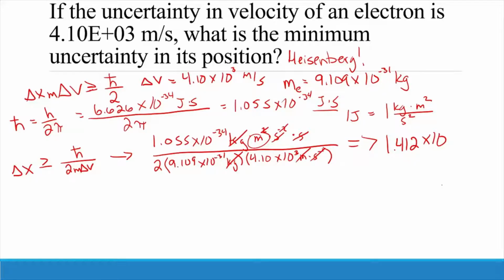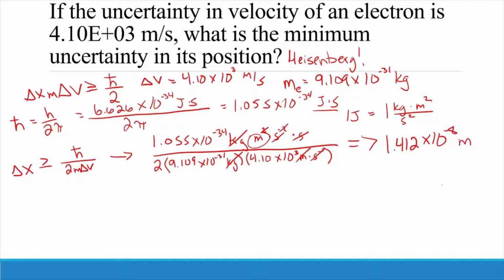Let me double check on my calculator. We have to change the units to nanometers. So 1.055 e to the negative 34 divided by 2 divided by 9.109 e to the negative 31 divided by 4.10 e to the 3rd. 10 to the negative 8th, I was right. 1.412 times 10 to the negative 8th meters.